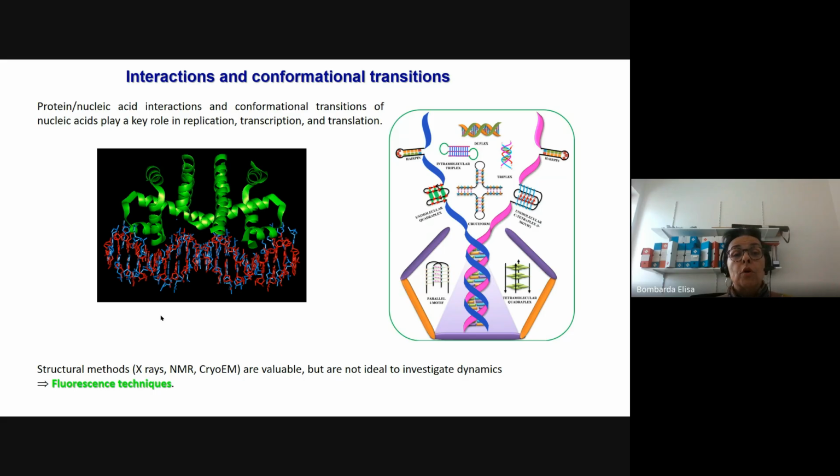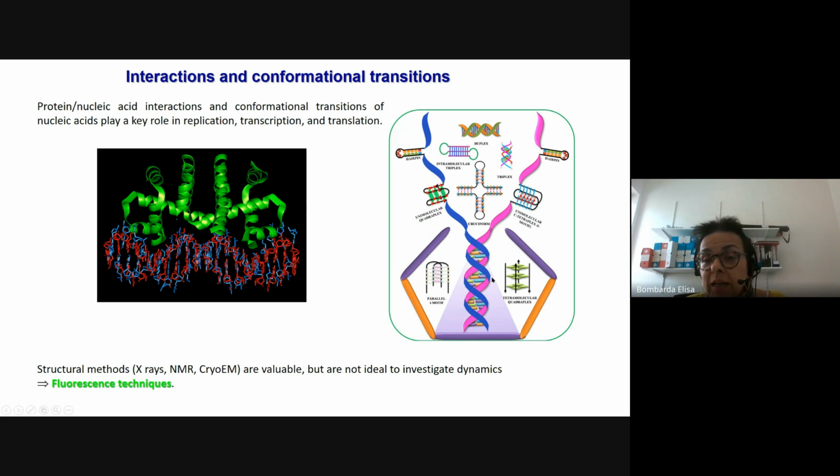Then also conformational transitions, because they play a key role in all these processes. We said that proteins have several structures, but actually nucleic acids too. They are more simple, with a simple alphabet, so they make fewer types of structure, but anyway, many.